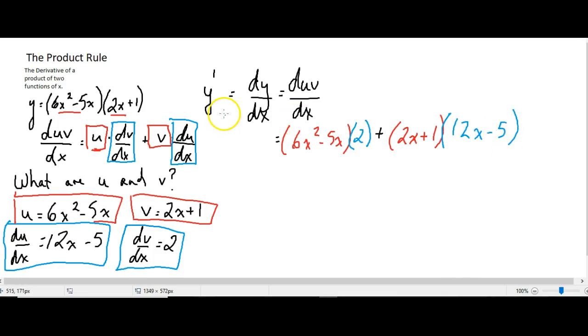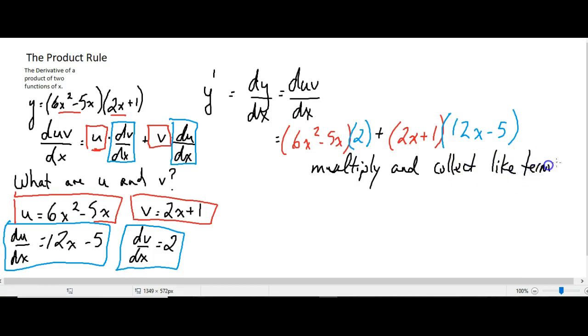So now, it's really just a matter of multiplying and collecting like terms. We already have the derivative, it's just not in a form that we would actually leave it. So we just need to multiply out. So we need to multiply 2 by each term inside these brackets, 12x squared minus 10x.